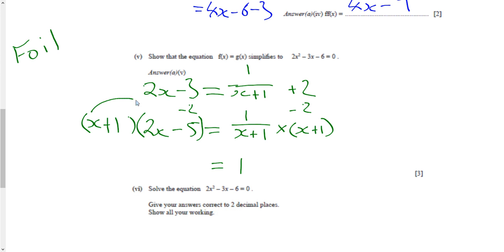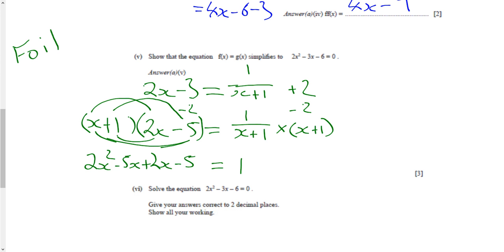So the first two terms here, x times 2x, will be 2x squared. Then we've got the outside terms, x times minus 5, so that'll be minus 5x. The inside term, 1 plus 2x, will be plus 2x. And our last terms, 1 times minus 5, is going to be minus 5.